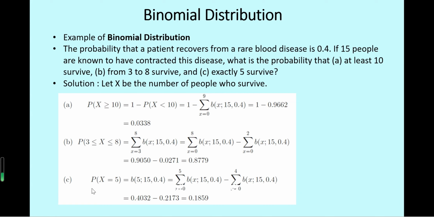And for the third question, the probability that x equals 5, from the binomial distribution, we get the sum for x from 0 to 5 minus the sum for x from 0 to 4. So the result is 0.859.